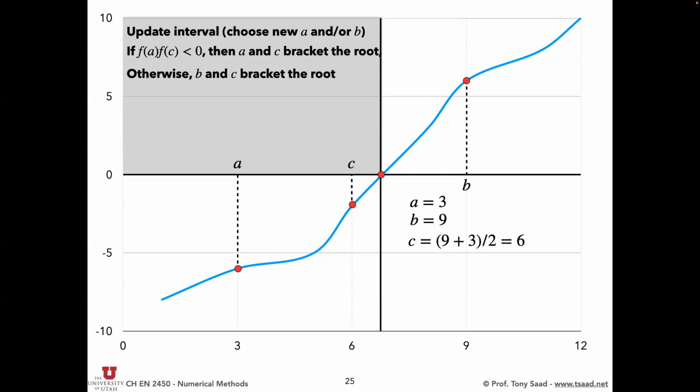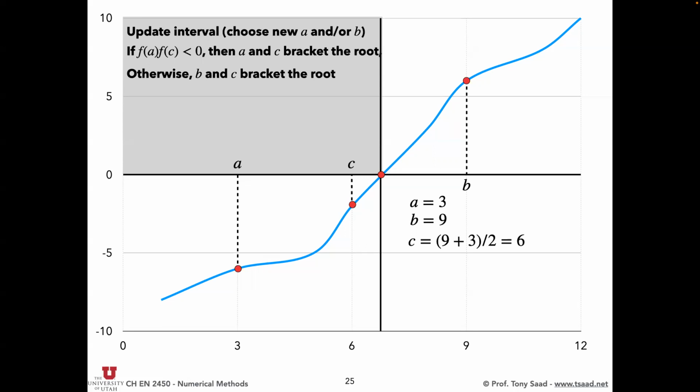If the product is positive, then A and C are on the same side. The function doesn't change sign. If f of A times f of C is negative, then between A and C there's a root, right? Because when the function passes 0, it changes sign, correct?